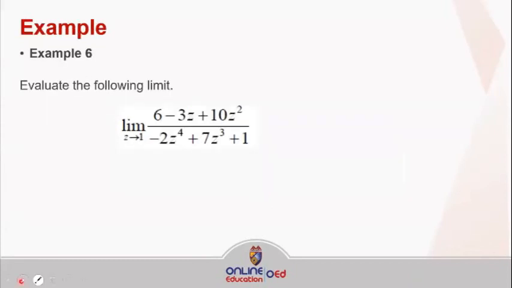Then next example natin, we have the limit of 6 minus 3z plus 10z raised to 2 over negative 2z raised to 4 plus 7z raised to 3 plus 1, where yung z natin is 1. So, yun yung problem.